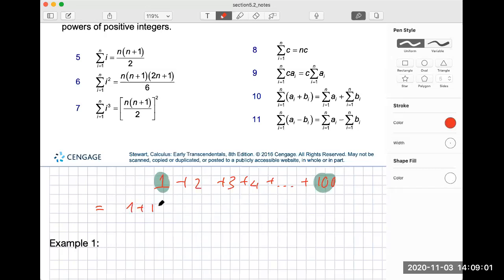Group them: 1 plus 100, 2 plus 99, 3 plus 98, etc. until 50 and 51.